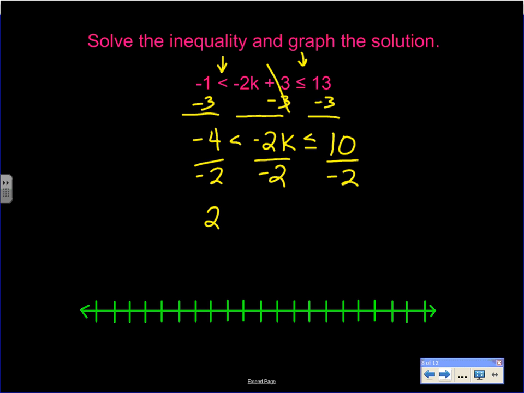If we divided both sides by a negative number, the inequality gets flipped. That's what that ring was about. The -2's cancel. We're left with k. Once again, another inequality. Flip it. And 10 divided by -2 is -5.